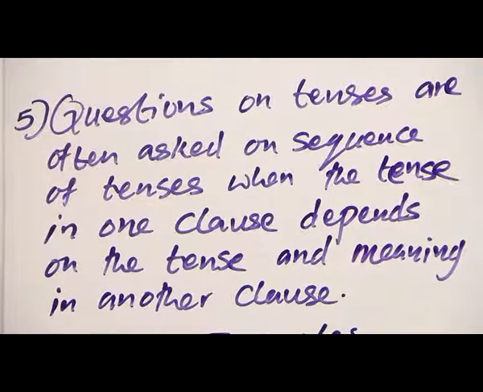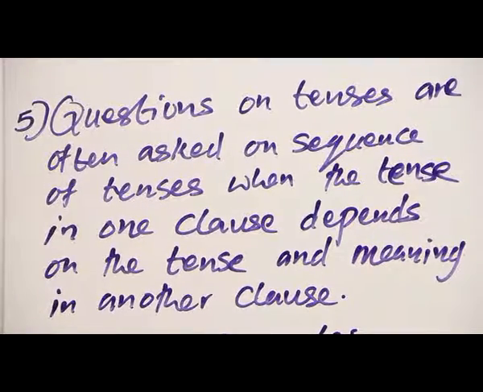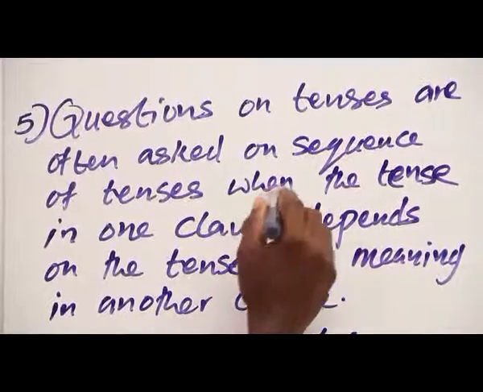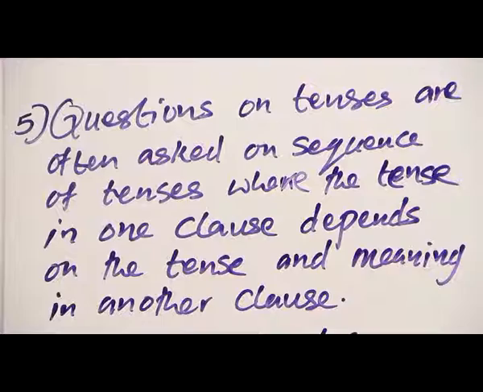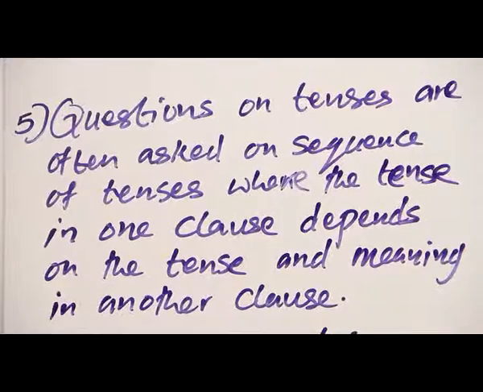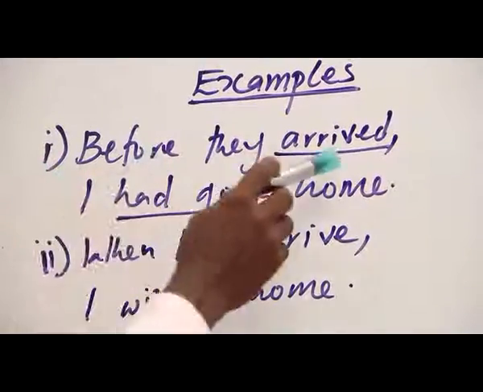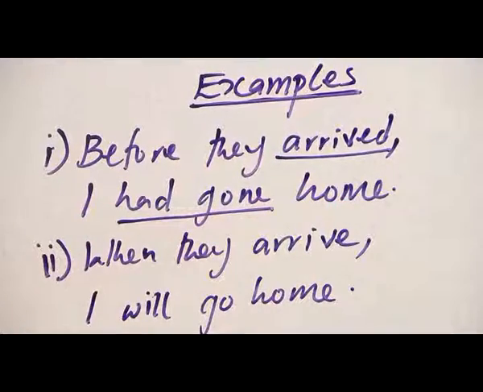Hint number 5. Questions on tenses are often asked on sequence of tenses, where the tense in one clause depends on the tense and meaning in another clause. Example 1. Before they arrived, I had gone home.